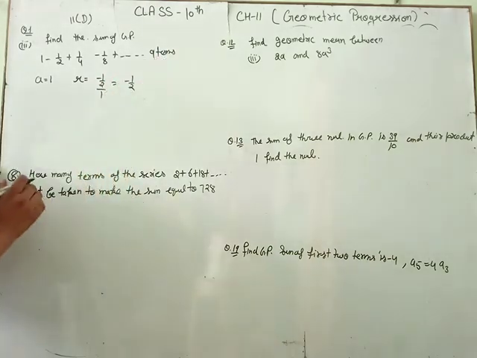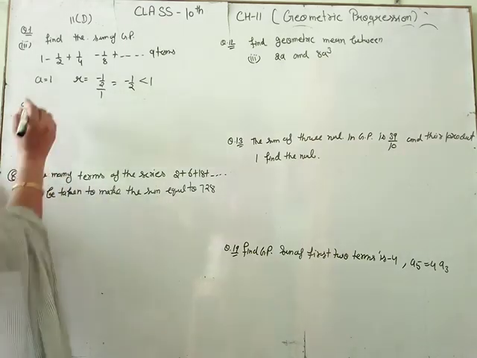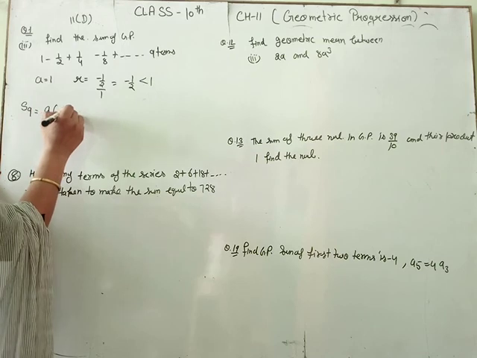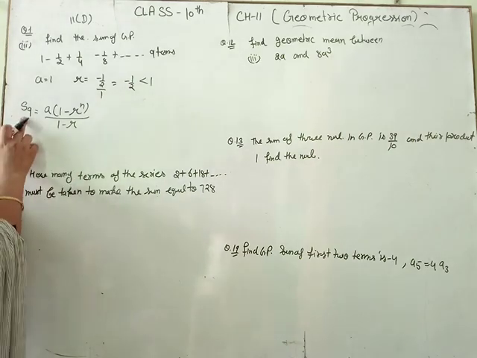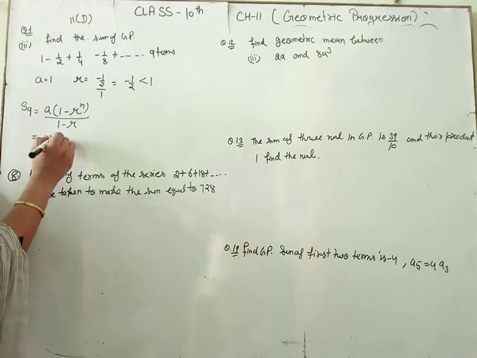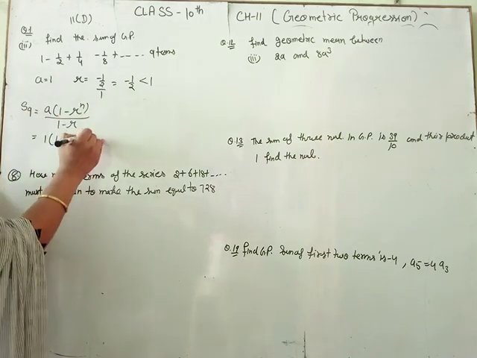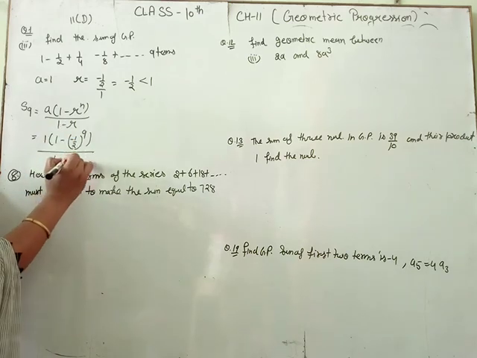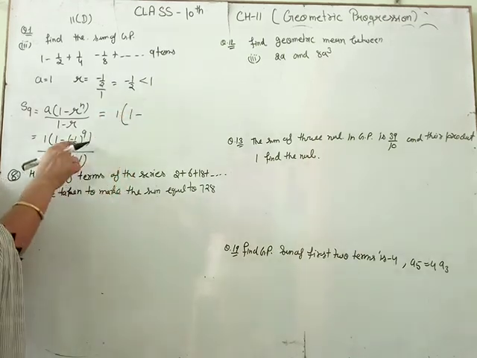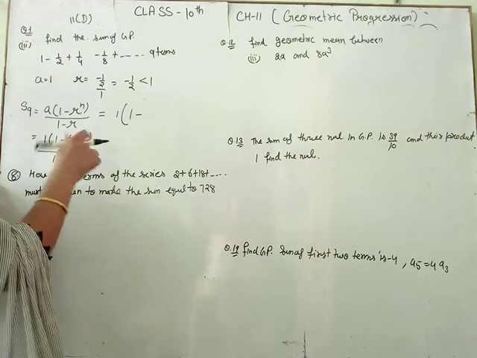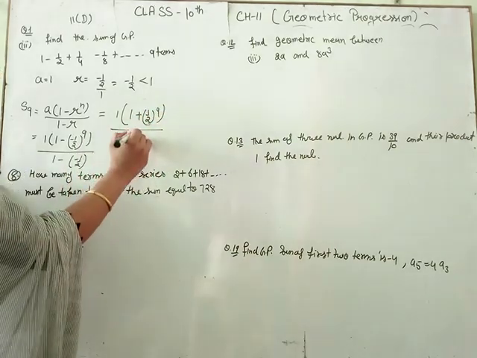We find the sum of 9 terms, that is S9. Since R is less than 1, we use the sum of n terms formula A times 1 minus R to the power n, divided by 1 minus R. In place of n there is 9, so 1 into 1 minus minus 1 by 2 raised to the power 9, divided by 1 minus minus 1 by 2.